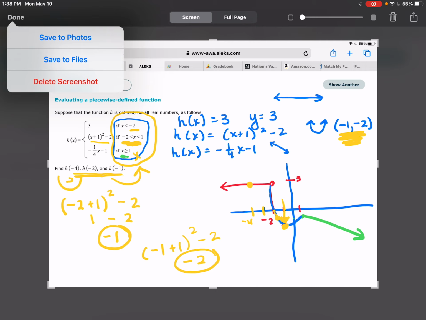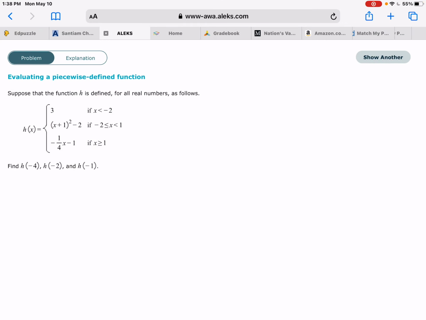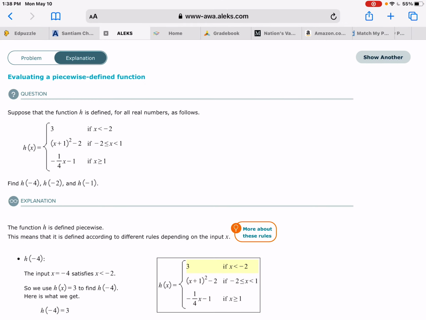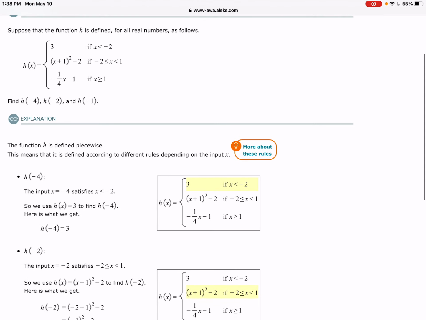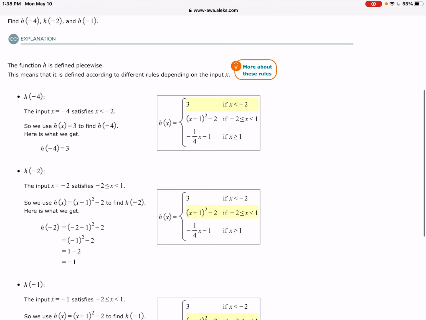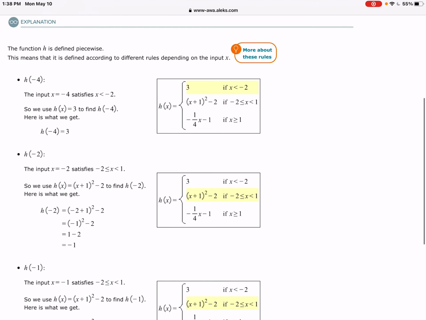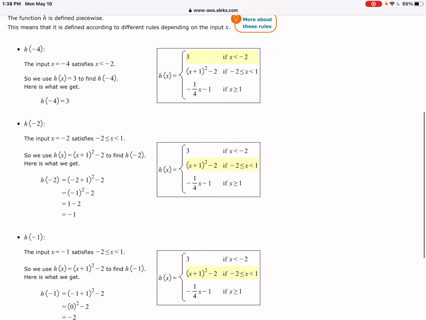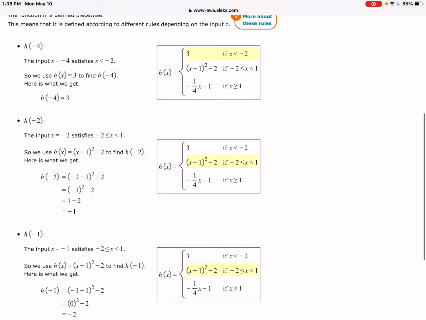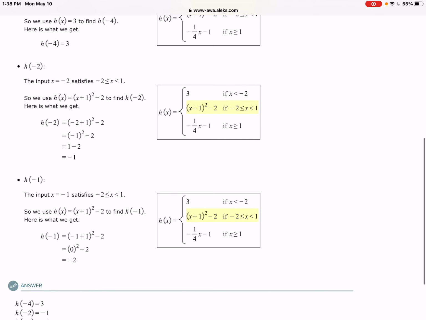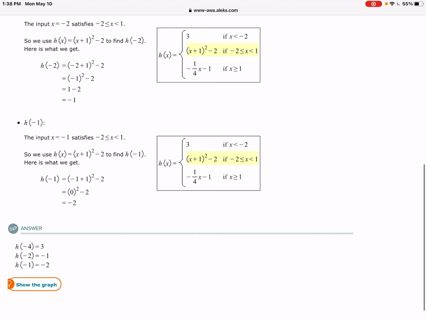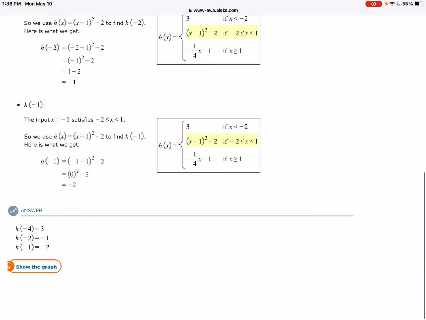Let me delete the screenshot here so we can go back and look at the explanation in Alex, and you can see them thinking about h of negative 4 is where the 3 is, and then the h of negative 2 in the middle one, and the h of negative 1 in the middle one, and they get the same answers that we do.